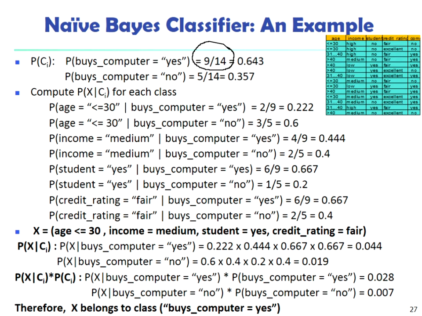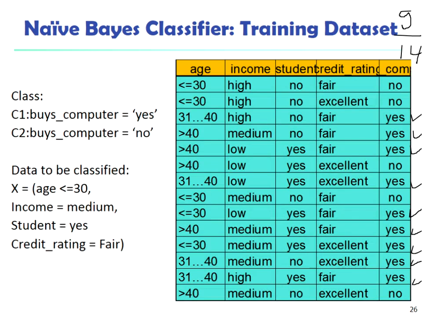After that, we have to calculate the probability of age less than 30. We will begin with age.